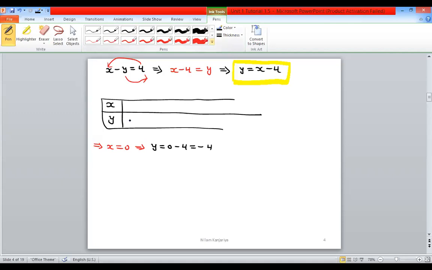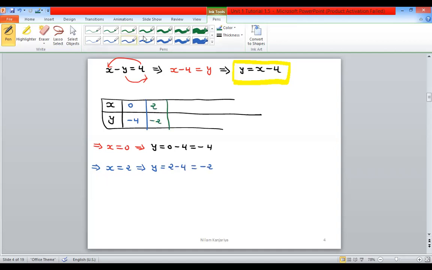X is 0, y is minus 4. Take some other value of x. If I take x is equal to 2, what happened? Y is equal to 2 minus 4. This is minus 2. Put here x is 2, y is minus 2.